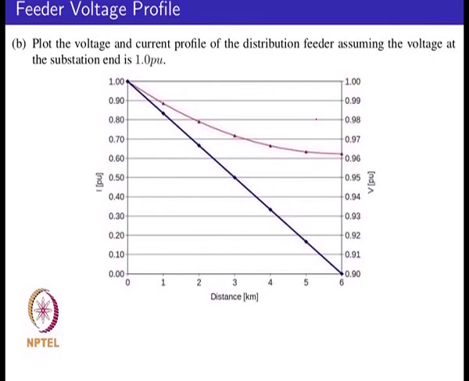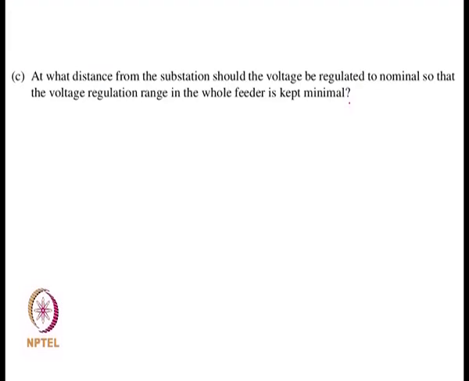So it would be nice to ensure that the deviation at both ends of the feeder stay roughly equal, so that you are within the same tolerance range across the entire feeder. So for that to happen, what should be the distance from the substation at which the voltage is regulated to the nominal value, so that the whole feeder voltage deviation is kept minimal?